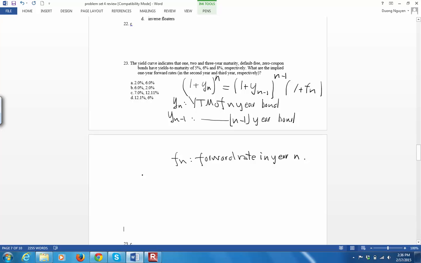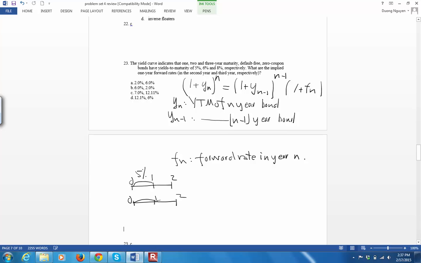Let's take a look at the first bond here. You're looking for the forward rate in the second year. The yield to maturity of the 1-year bond is 5%, and the yield to maturity of the 2-year bond is 6%.